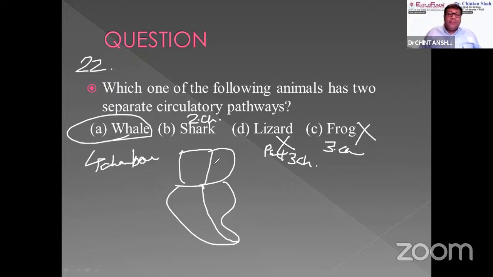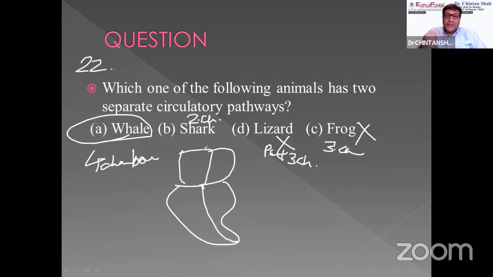One is pulmonary circulation, another is systemic circulation. These are the two separate pathways, and that's why 22 is A. If you agree with me, please write down 22A agree.